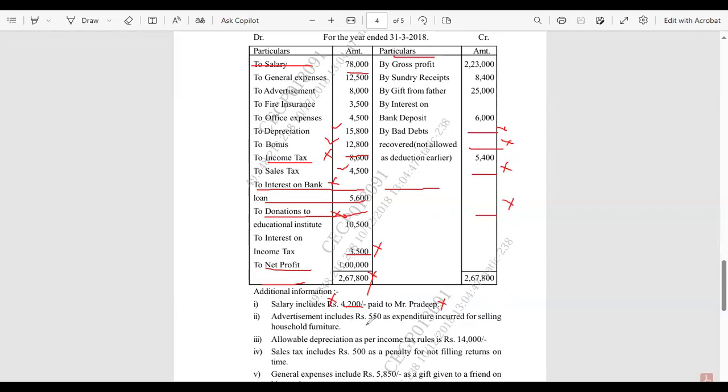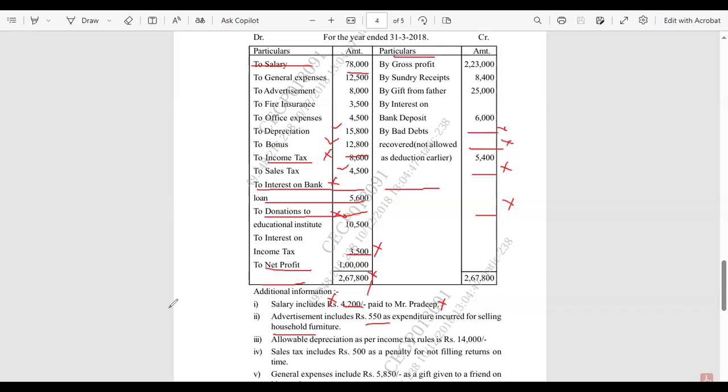Advertisement includes 550 for selling household furniture. If I'm making advertisement to sell the household furniture, it means it is about the individual, because household means the personal sales, that I want to sell some personal assets which are part of my household. And if I pay advertisement charges out of my business income, it is not allowed.